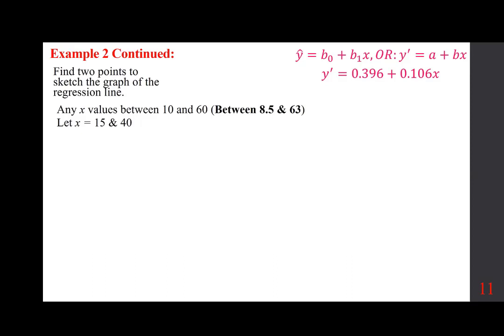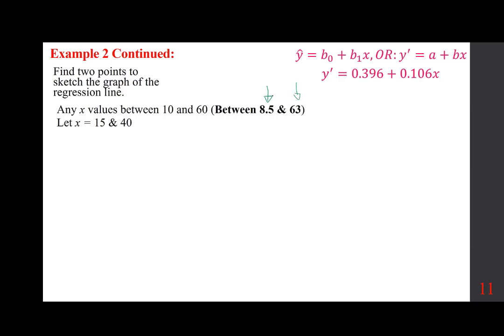I want to make sure everybody understands why we are saying between 10 and 60, and for example, 15 and 40. If you look at the table of data given, the smallest value for x was 8.5. Largest value in that table for x was 63.